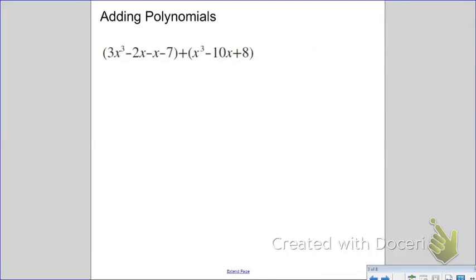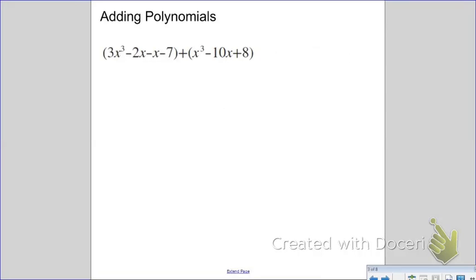When you see an addition sign between two polynomials of any number of terms and any degree, you can more or less just go ahead and ignore the parentheses. The parentheses are just there to show you that there's two actual polynomials.